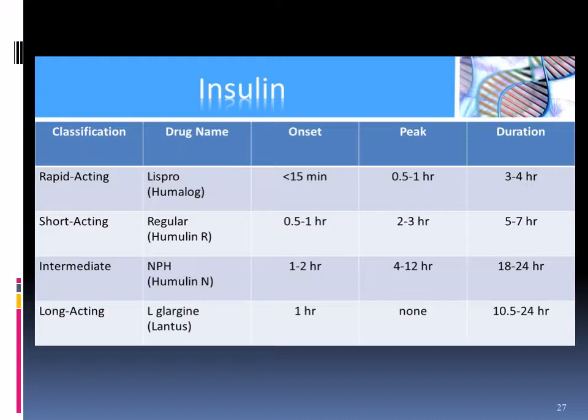It continues. It's like your pancreas. We're trying to simulate pancreatic action as closely as possible, and so we've got a client just putting a little bit of insulin out over the 24-hour period.